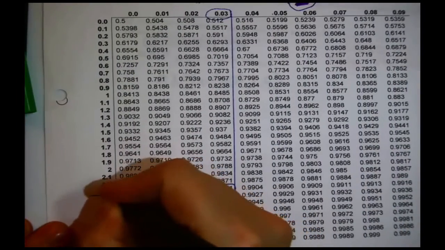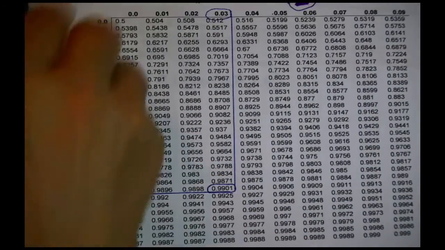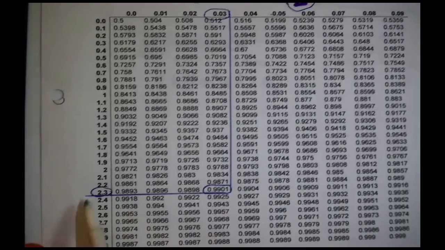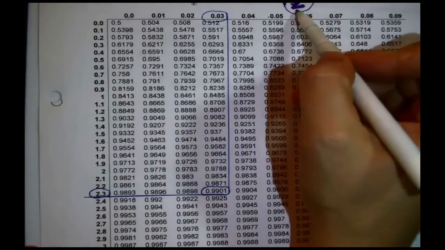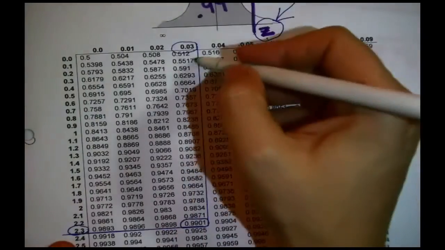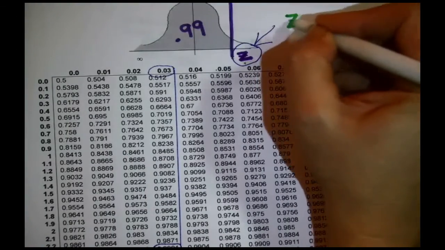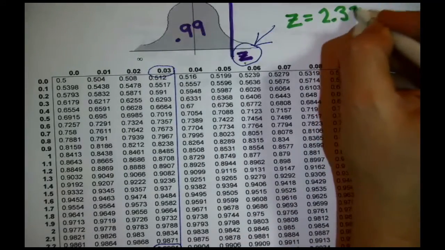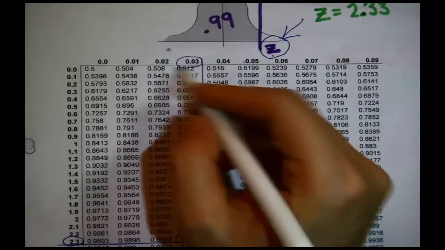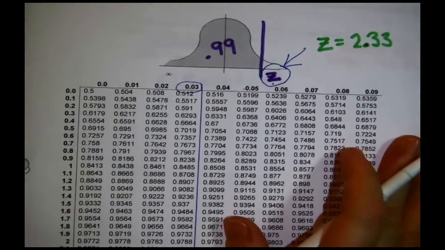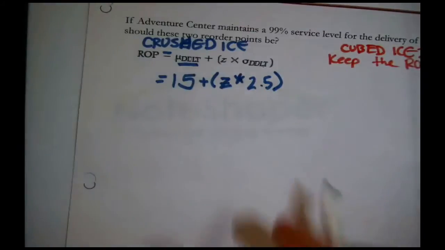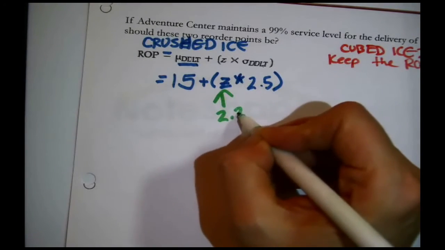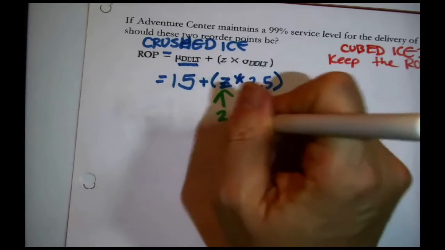We can piece this together, because on a z-table, the first two digits of that value are on the row, and the third digit is the column. So this is a z of 2.33. I just need to remember that. That's what I need here. Why? Because if you put 2.33 here, you will be trapping 99% of the curve to the left.